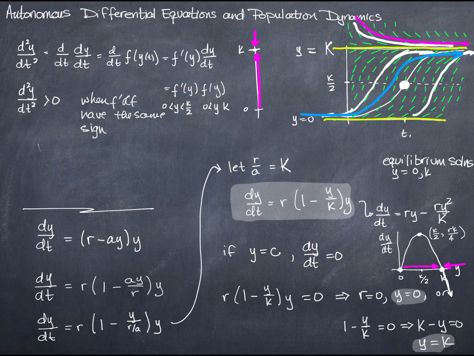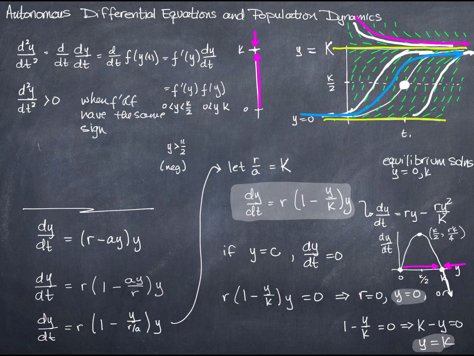So this will be, let's just call it y greater than k over 2, negative. That's where this function is negative, where y is greater than k over 2. So from here on.